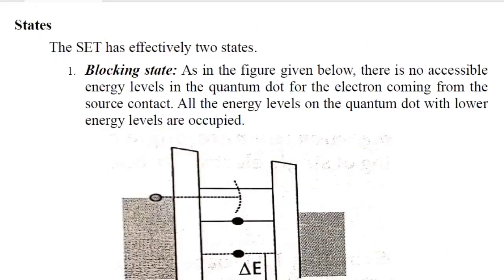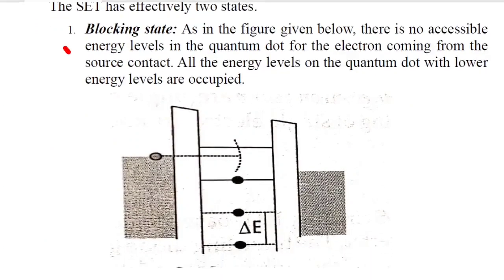Now I will explain about the two states in SET. So the first state is the blocking state. Look into the figure. There are no accessible energy levels in the quantum dot right now for the electron coming from the source contact.